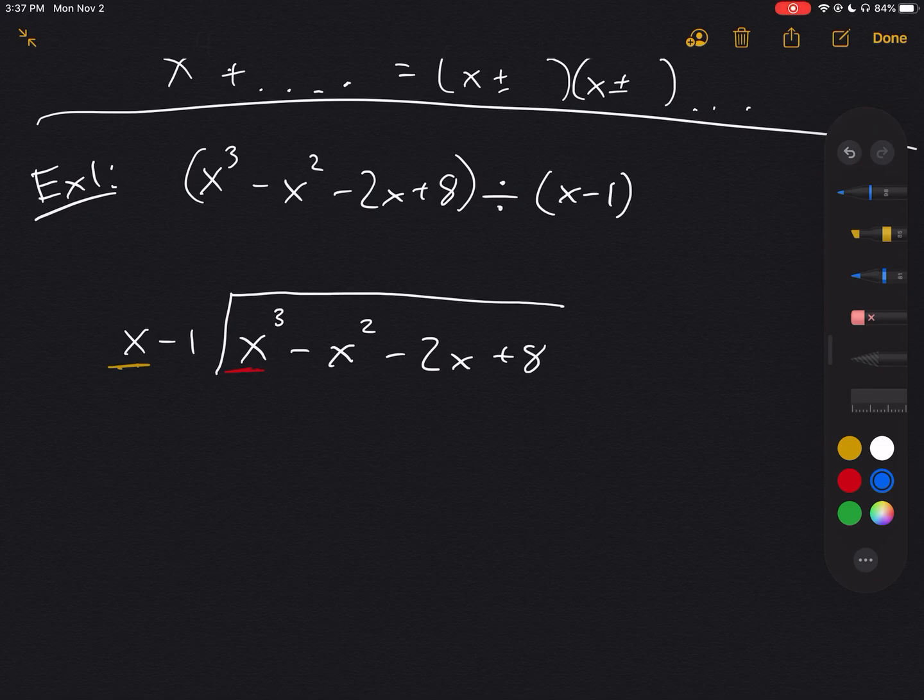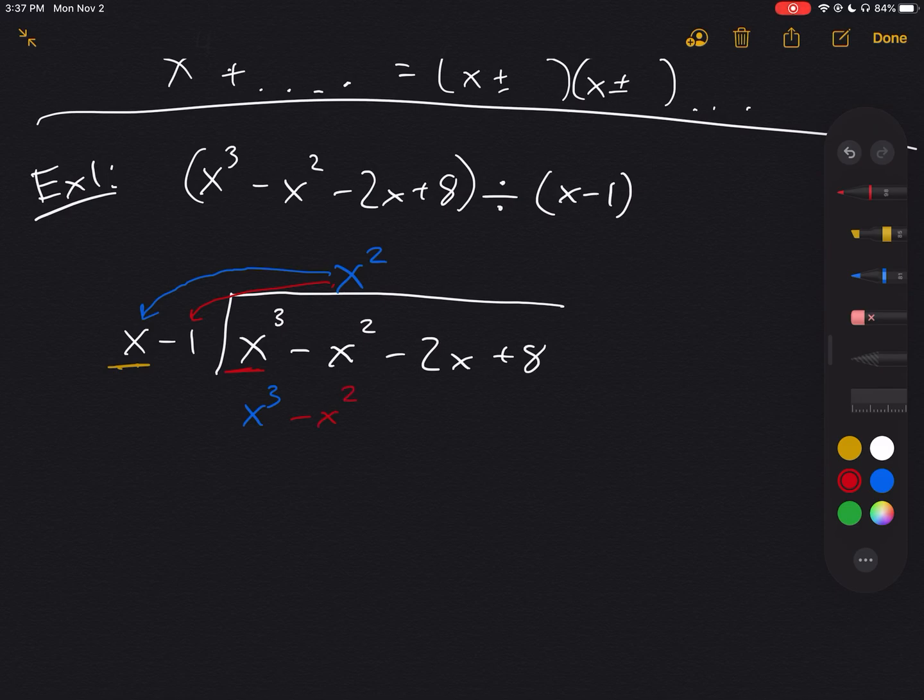Okay, well, I have to multiply x by x squared to get, so when I multiply those together, x squared times x gives me x cubed, right? But I also have to multiply it by the minus 1, right? I can't forget about the minus 1. So then negative 1 times x squared is negative x squared, okay?